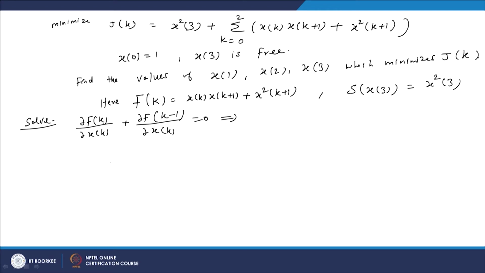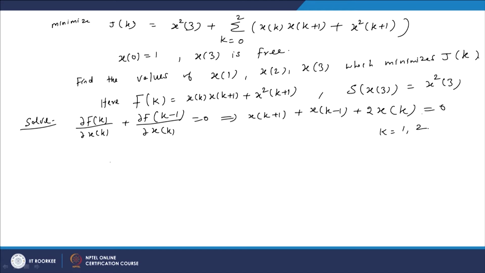So, del f by del x of k, from this expression it is x of k plus 1, and if you put k equal to k minus 1 in this, we get x of k minus 1, x of k and here x square of k. So, when we differentiate with respect to x of k, we will get plus x of k minus 1 and here plus 2 times x of k. So, this should be equal to 0 for the values k is equal to 1, 2.